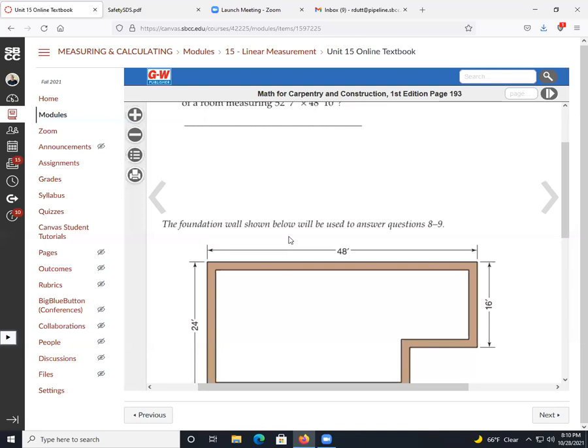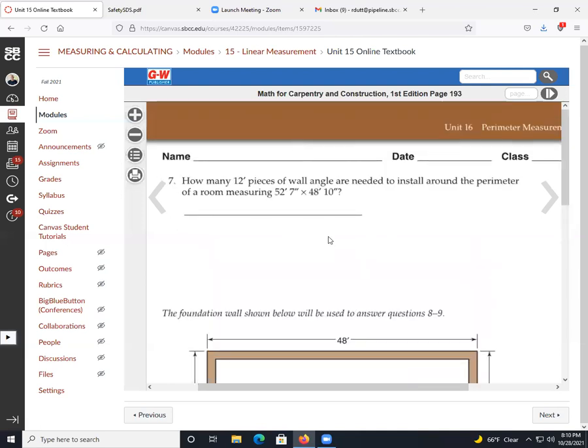So, you know, Rodney, yes. In the previous problem, what do pieces of wall angle refer to? I was thinking when I first read it that that was referring to corners, like drywall corners. But you wouldn't install drywall corners around the perimeter of the room. The only thing I can think of is it would be a corner up from wall to ceiling.